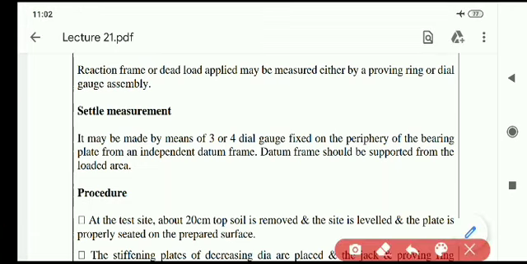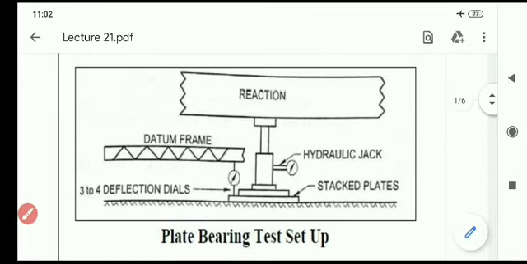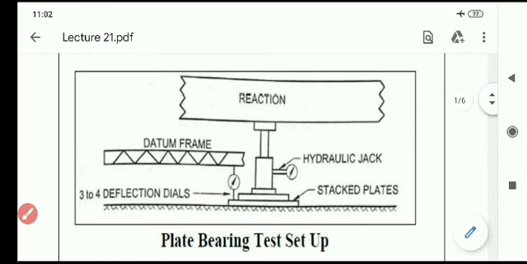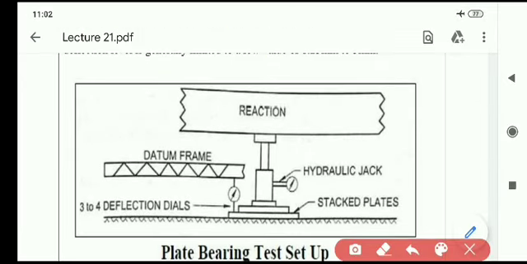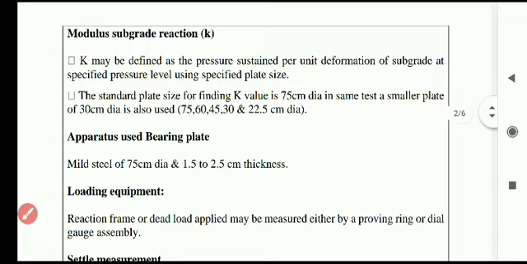Means this datum frame should be supported from this loaded area only, and there should be 3 to 4 dial gauges here, in connection with this loaded area, to measure the settlement of the plates.